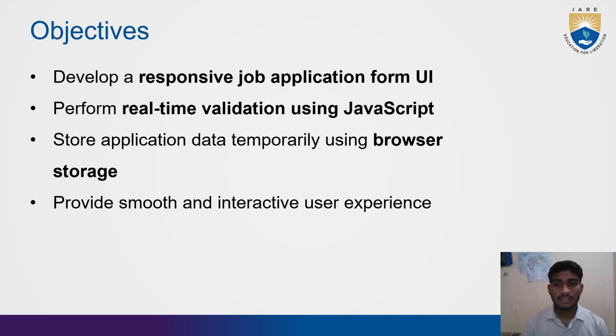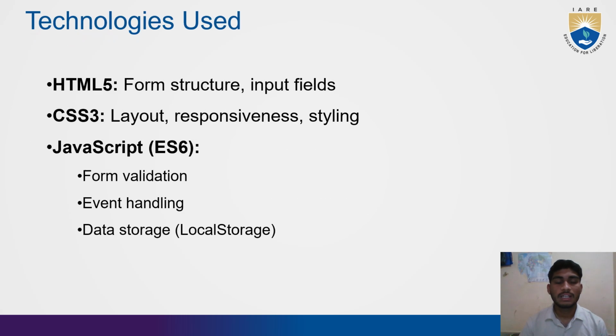If the user experience is not good, the entire logic will be wasted. So we have to create a responsive UI, and it should be real-time validation using JavaScript. These are the objectives of our job application form system.